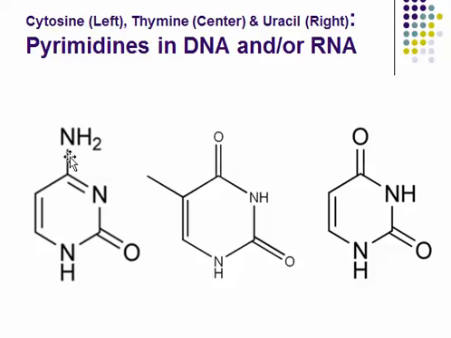And what makes this one different than the others is that this has an NH2 up here at the top instead of a C double bond O. That's really it, right? So they look like a lot of structures that I've got to memorize, but it's not. It's just modifications of the same structure over and over and over.